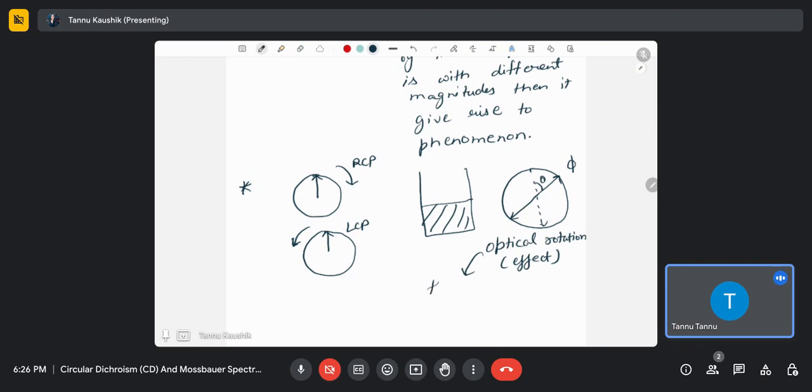And the reason behind this optical rotation is circular birefringence.